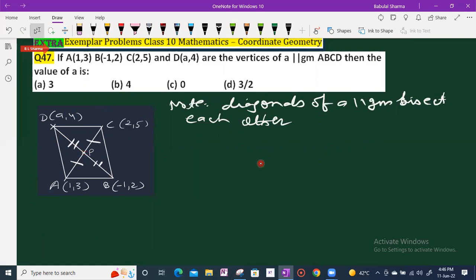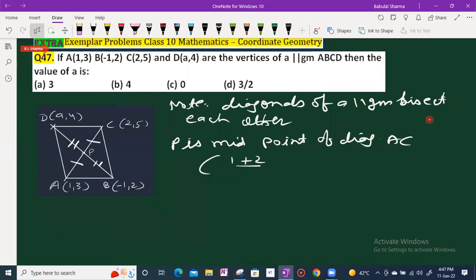both the diagonals. So the x coordinate of P is the midpoint of diagonal AC. Its coordinate will be (1 plus 2) by 2, x1 plus x2 by 2.